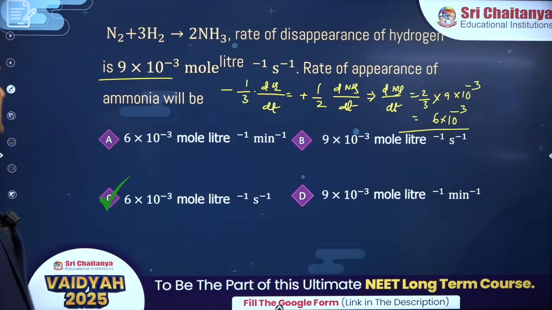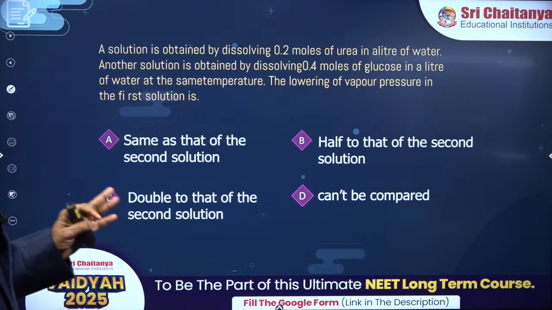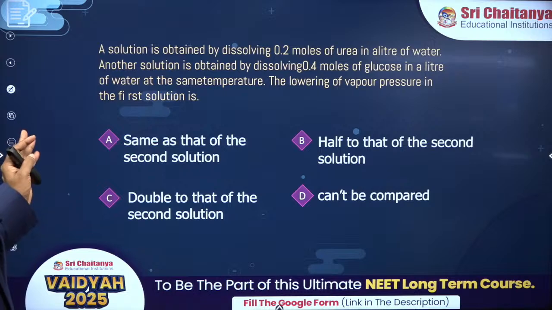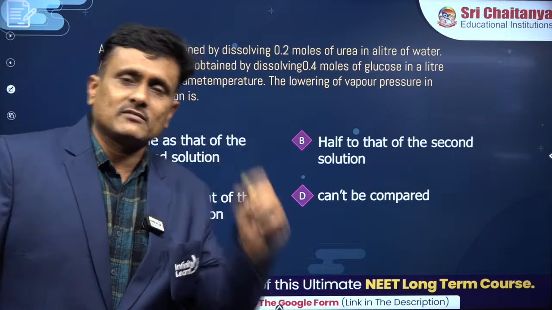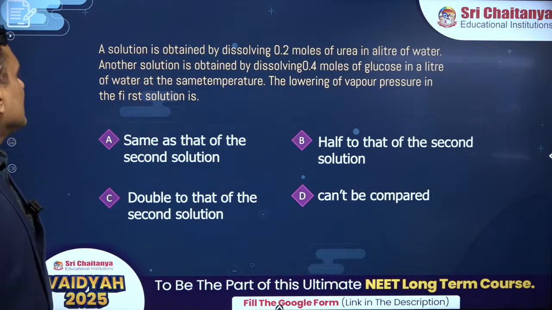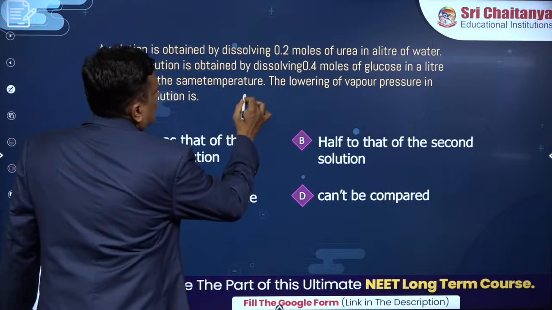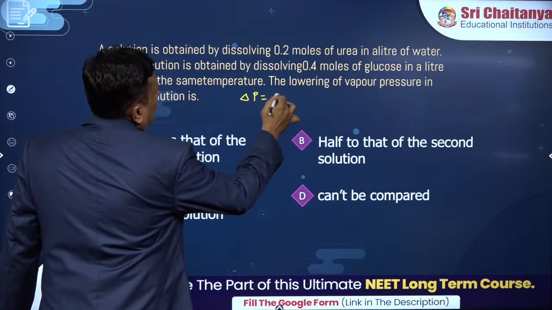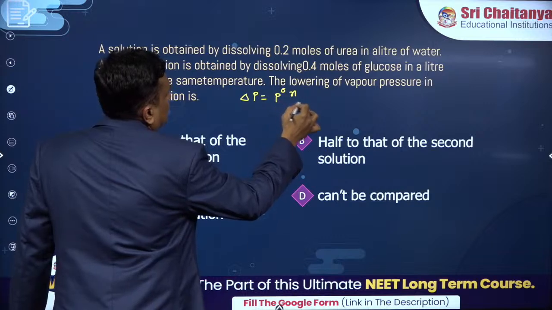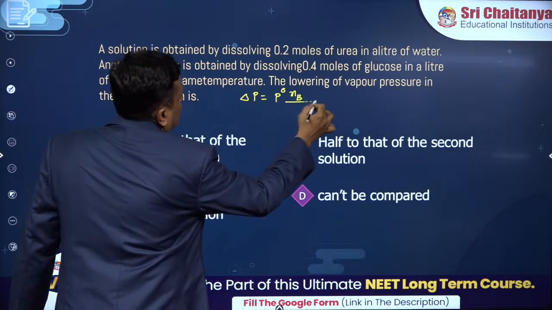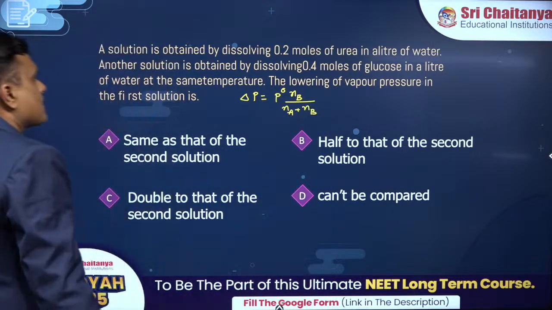Very good Ramcharan, brilliant. A solution obtained by dissolving 0.2 mole of urea in a liter of water, another solution by dissolving 0.4 mole of glucose. Both are non-electrolyte type, i equal to 1, van't Hoff factor is 1. Remember this. The lowering of vapor pressure of the first solution will be, you know that lowering, not relative lowering, delta P is equal to P naught, which is constant, into XB. That is nB by nA plus nB.